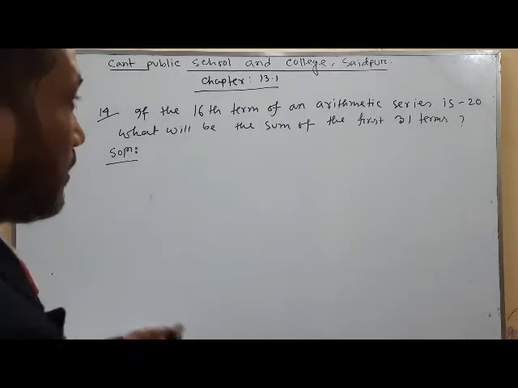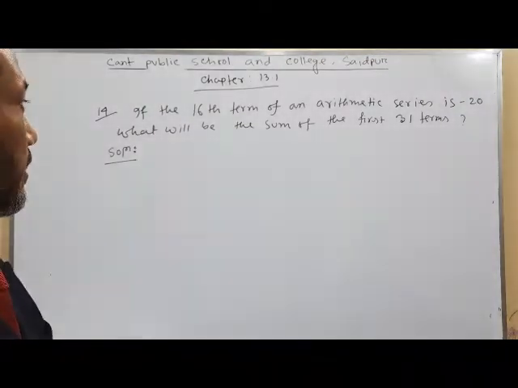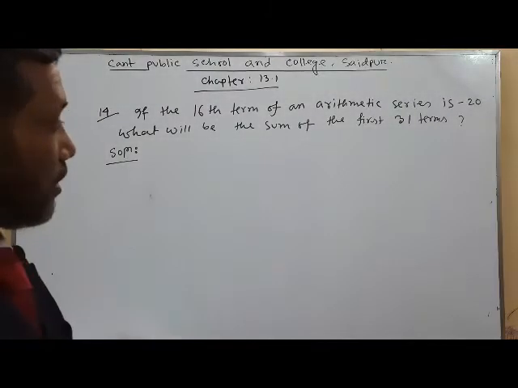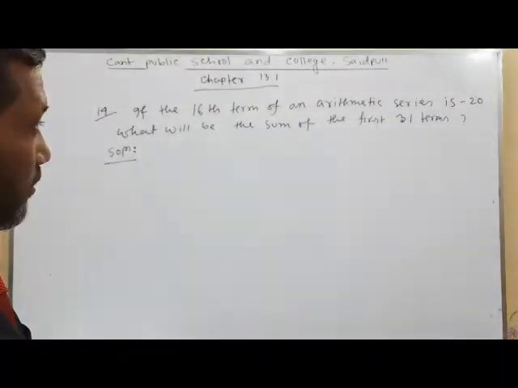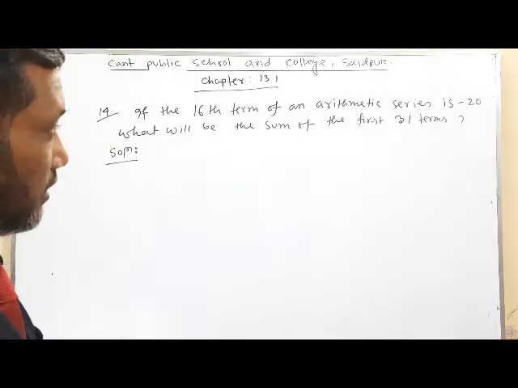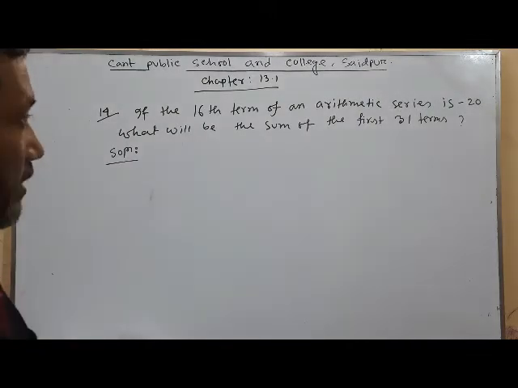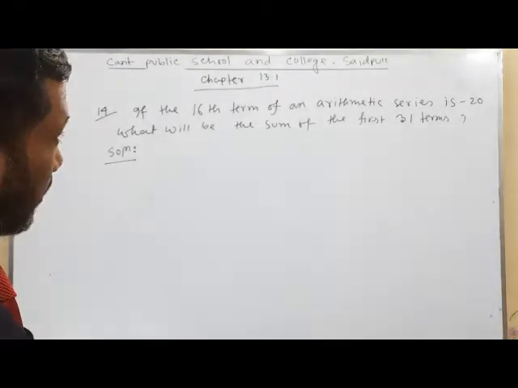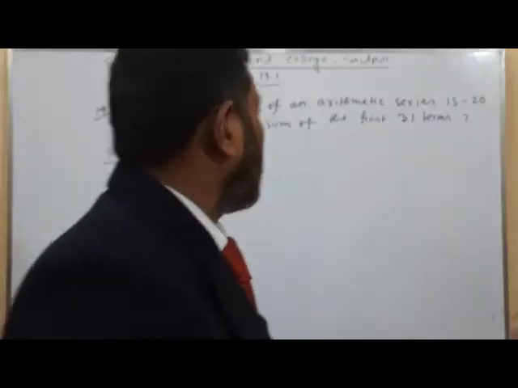Here, first I will take A as the first term and D as the common difference, so I'll use the n-th term of an arithmetic series, which we know is A plus (n minus 1) into D. Using this formula, first I'll determine the relation between A and D. With the help of this, I'll find the sum of the first 31 terms.